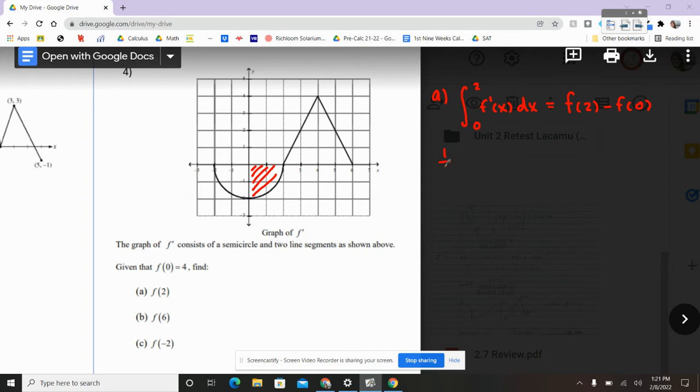So that's going to be 1/4 pi r squared. My radius here is 2, so 2 squared. And then that has to equal f of 2 minus, we know f of 0 equals 4 because that's what they give us in the problem.